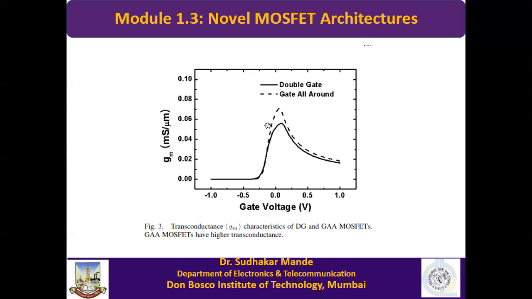And you can see here, for the double gate MOSFET, its transconductance is less. But for the gate all around MOSFET, this dotted portion, it's high. So that's why you can say it is more than double gate. Here it is mentioned, transconductance gm characteristics of double gate and GAA MOSFET: GAA MOSFET has higher transconductance.